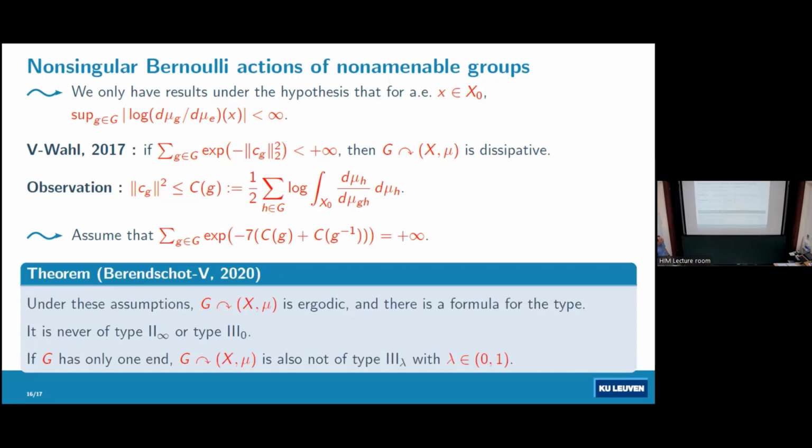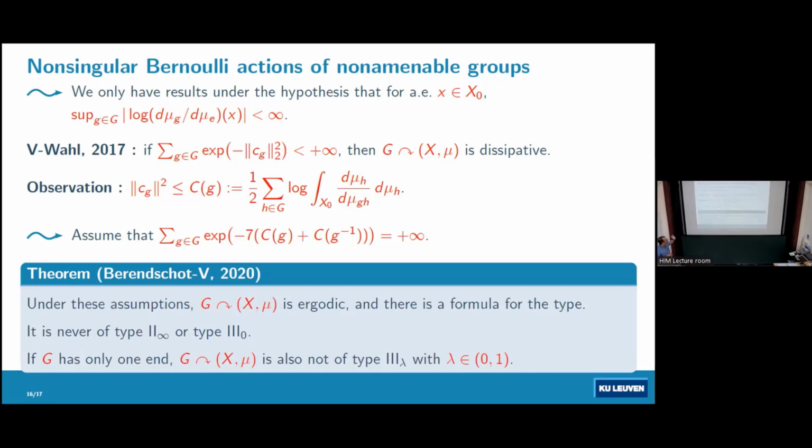Then the shift is ergodic, you have a formula for the type, it's never type II infinity, it's never type III 0, so you're always in the regular cases, it's type III lambda with lambda strictly above 0. Moreover, and I will give you in a minute the definition of this group theoretic thing, if G has only one end, then also all the type III lambdas are excluded.